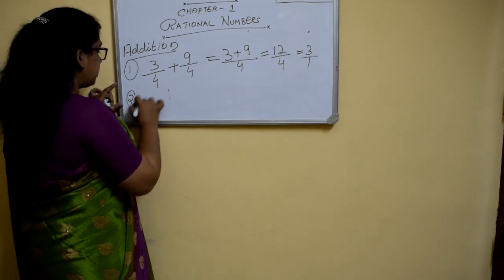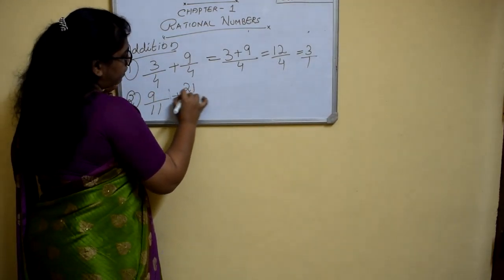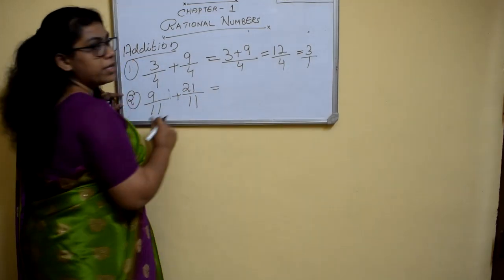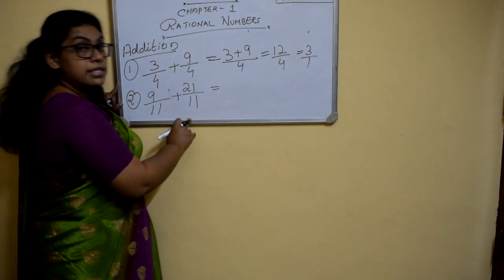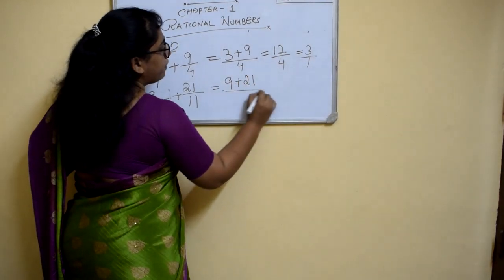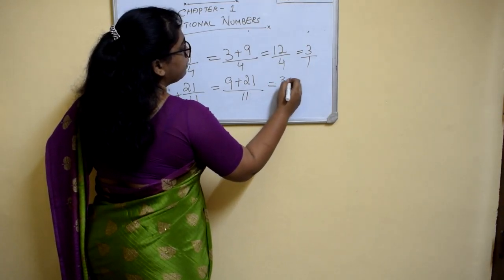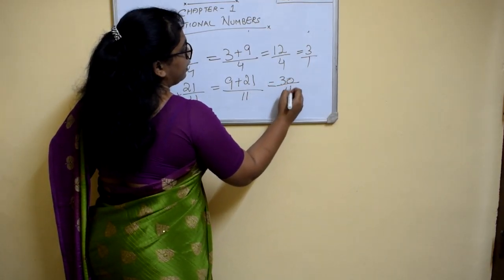One more question we will discuss. 9 by 11 plus 21 divided by 11. Both denominators are the same, so 9 plus 21 divided by 11. The answer is 30 divided by 11.